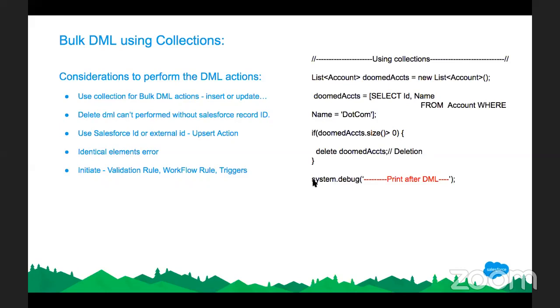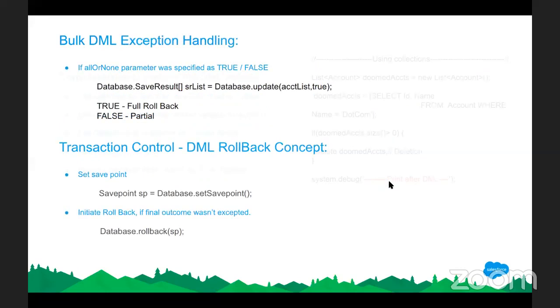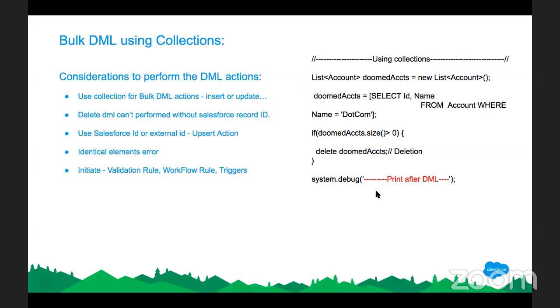Then only you can see the print statement like print after DML in your debug logs. So to understand the execution pattern, I just added one more line saying System.debug print after DML. If you do not have any trigger rules, it will be printed immediately after the deletion operation.